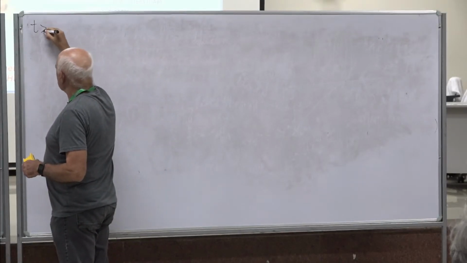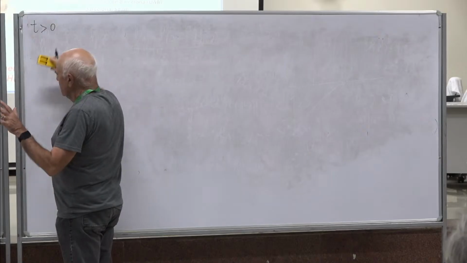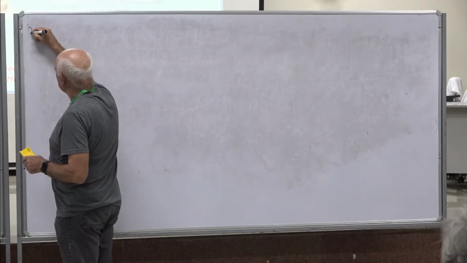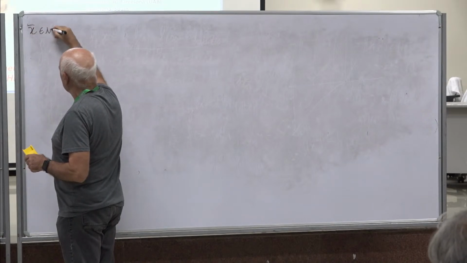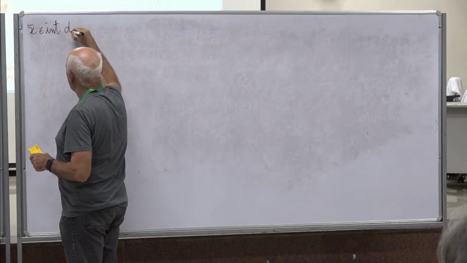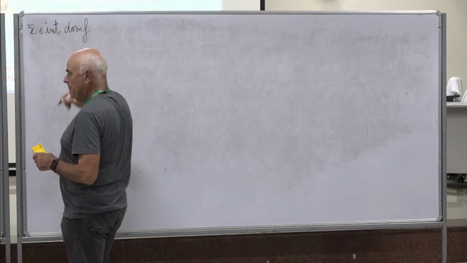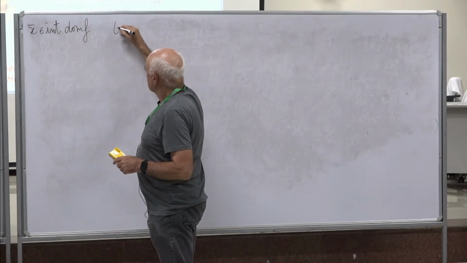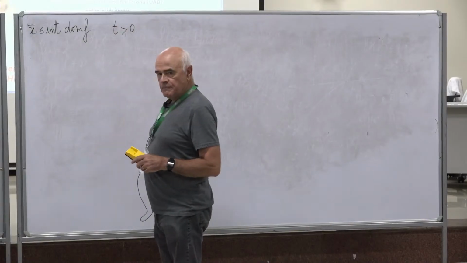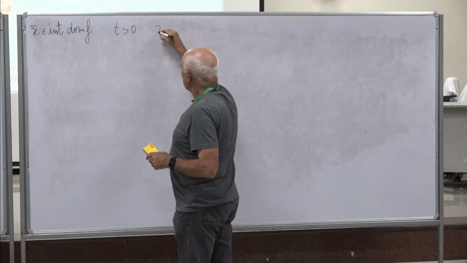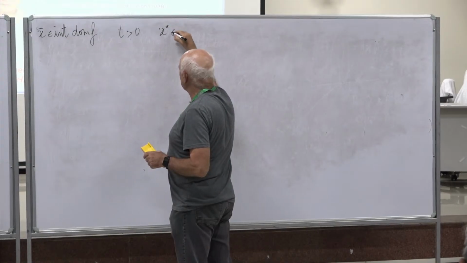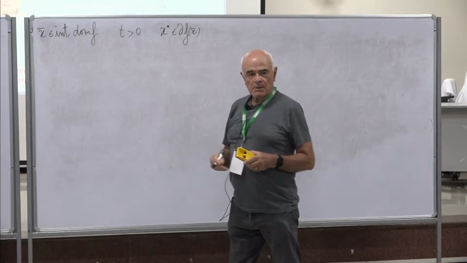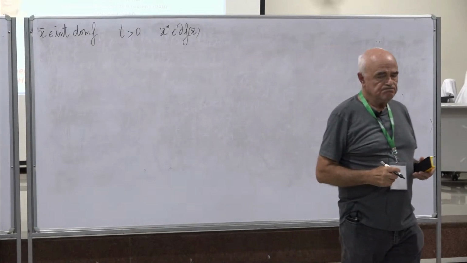Let T be positive. I insist that we are on the interior of the domain. And then I consider T positive, and I consider x star as a subgradient. Okay?